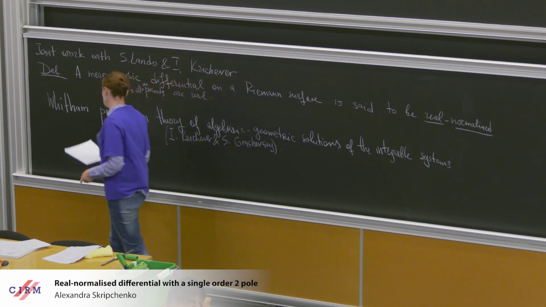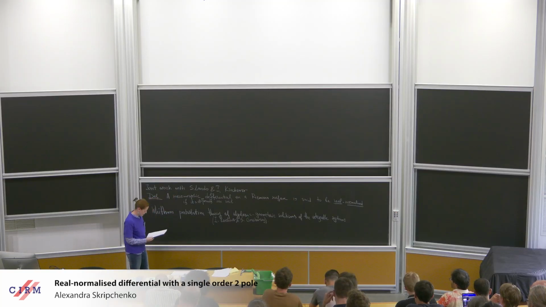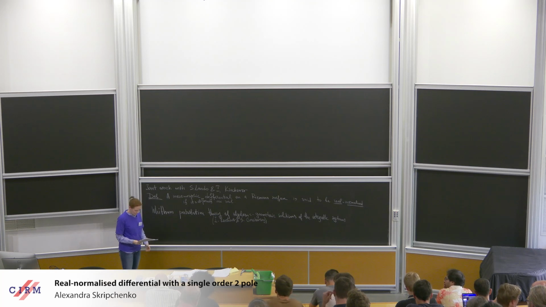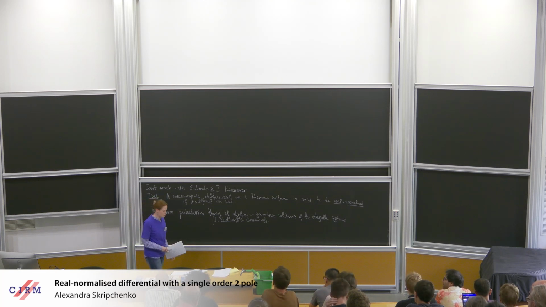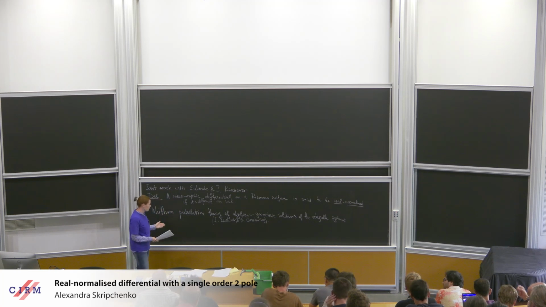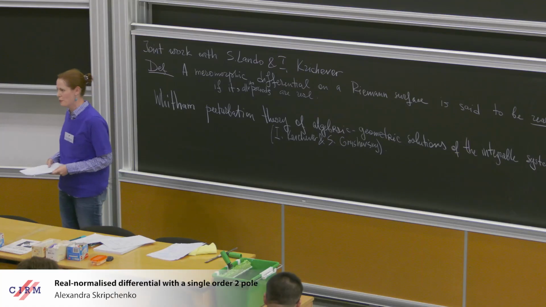And Whitham theory can be very useful when you try to understand what's going on in the geometry of moduli spaces when you deal with a punctured Riemann surface. A few famous results were obtained by this technique where real normalized differentials played their role.